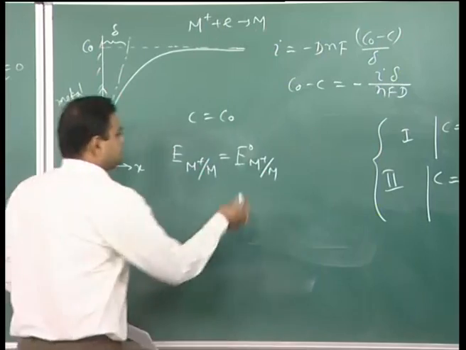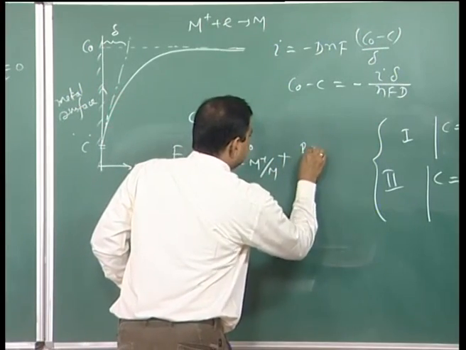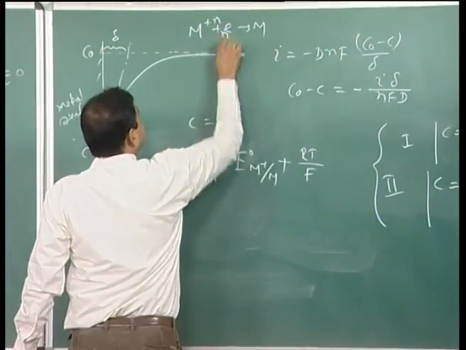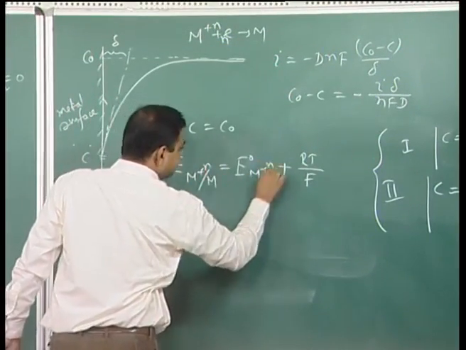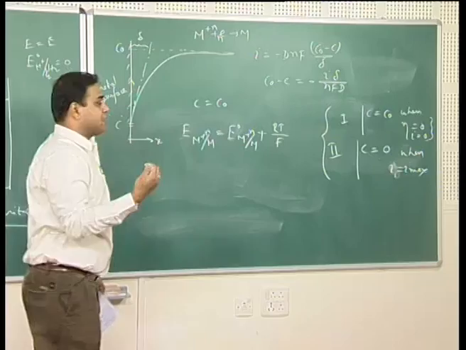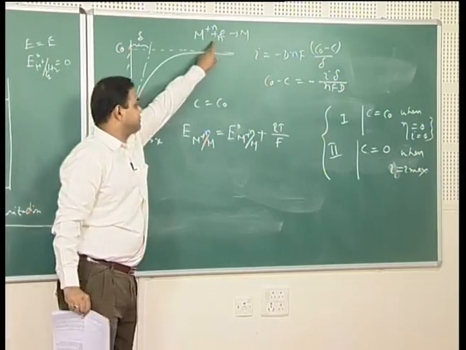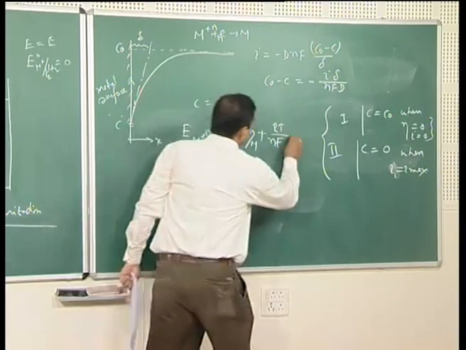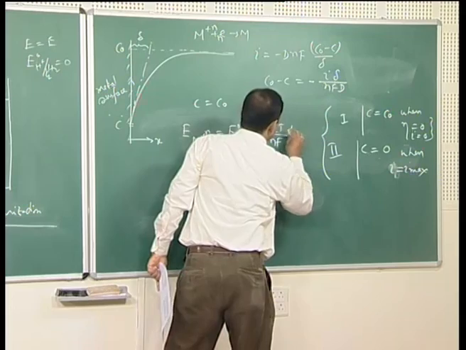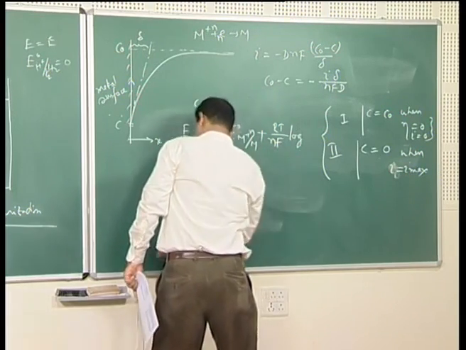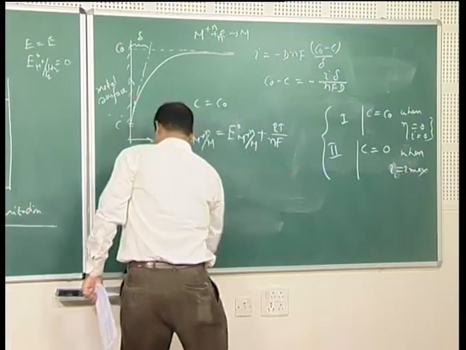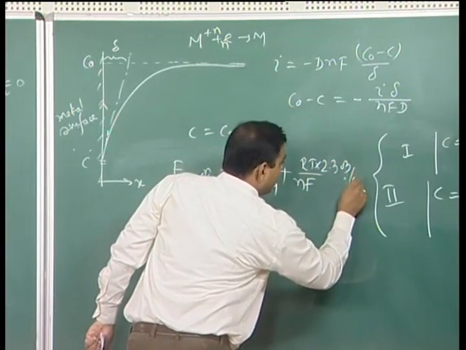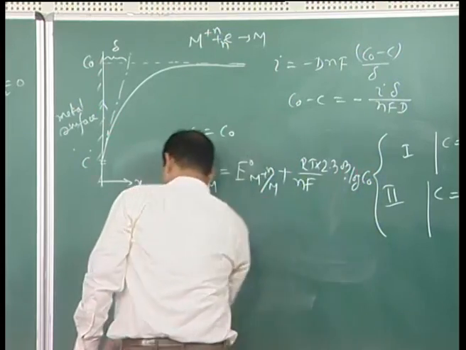I will just put the Nernst equation, RT by nF, because if we consider n number of electrons are associated with this deposition reaction, then it would be nF, into 2.303 log of C0.